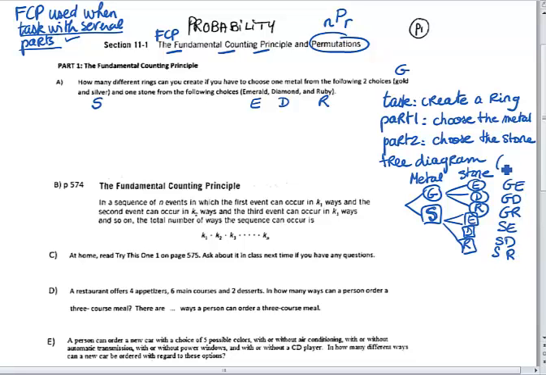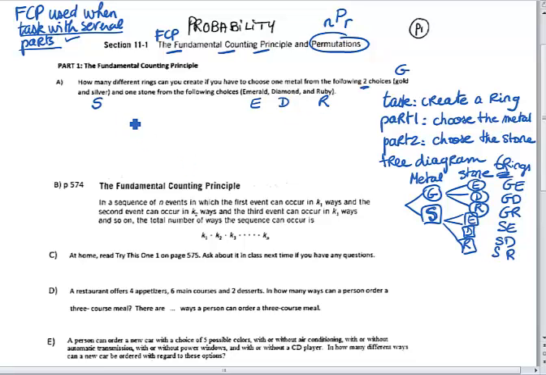This is 6 rings. So that's not too bad to do a tree diagram when we have so few options. But if you had, let's say, 2,000 metals and 3 million stones, we're not drawing any trees. We need to come up with 6 rings, knowing that we had 2 choices for the metal, and then we had 3 choices for the stone.